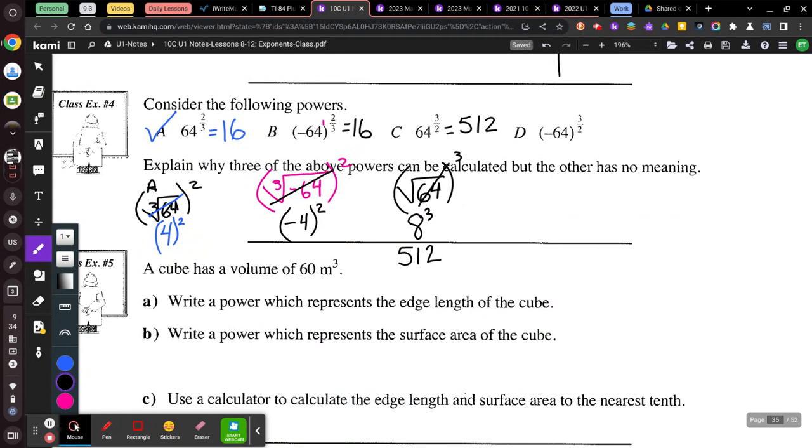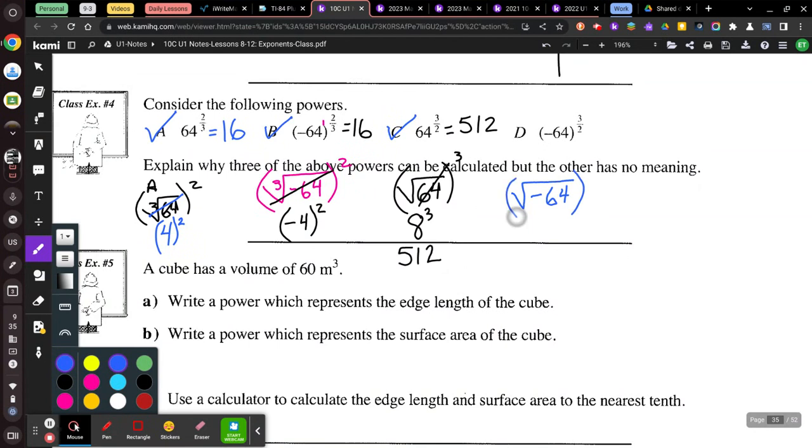All right, the next one. Let's try D. So if I look at D, so far A, B, and C worked. So that means D is not going to work. We're going to figure out why though. If I put him into root form, he's going to be square root negative 64 in brackets all to the 3.